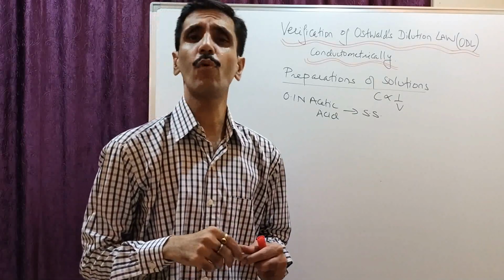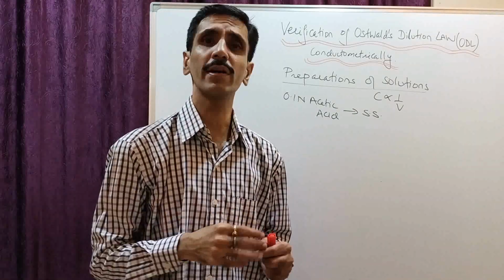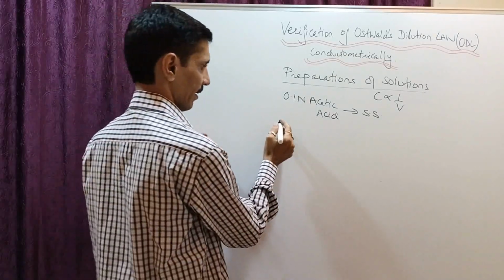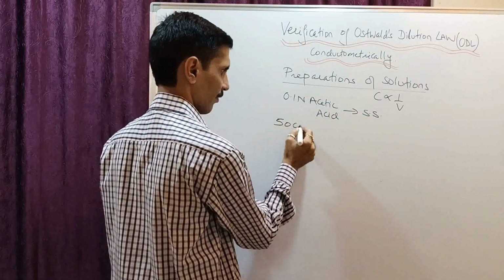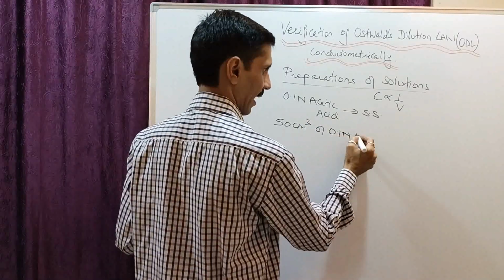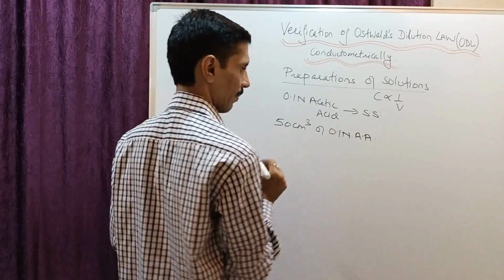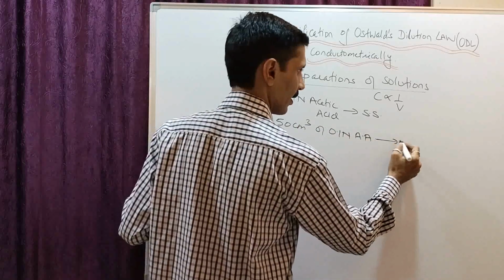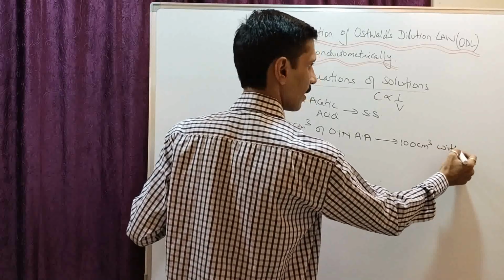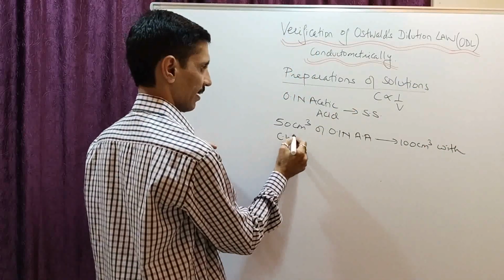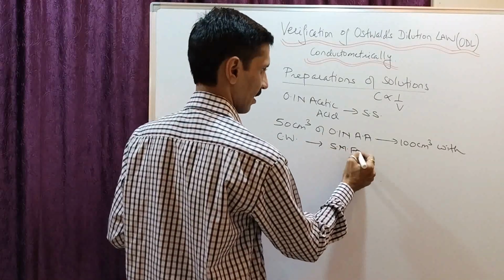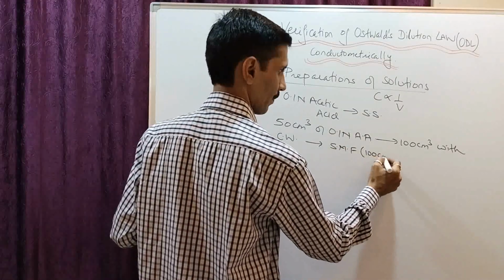As I already said, the water that we are going to use is conductivity water. So, first point is, we will take 50 cm cube of 0.1 normal acetic acid, I just write down in short AA, and I dilute it to 100 cm cube with CW, means conductivity water, in a standard measuring flask which is of 100 cm cube.